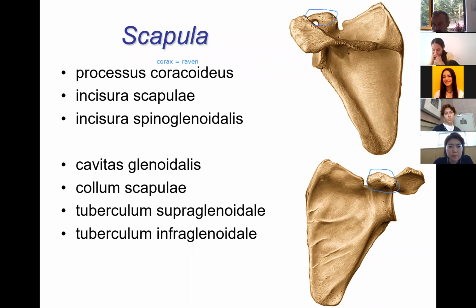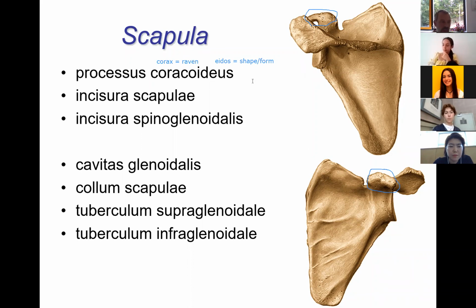It is this one. It should remind you of a beak of the raven, and it is similar to that, as the word eidos means a shape or form. So this process has a shape of a beak of a raven.